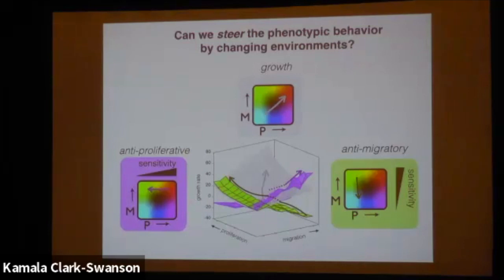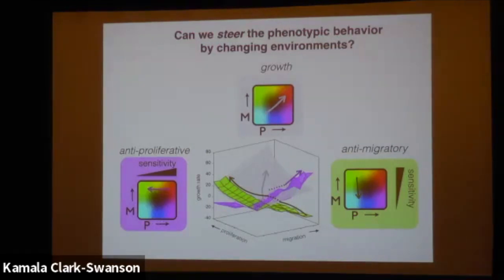But there's something wrong about this whole thing that I'm showing you, because these are all monoclonal populations. We know that tumors are not monoclonal. There's heterogeneity, phenotypic heterogeneity. We can't really capture that in a fitness landscape like this, but imagine that in what I've shown you, there's really no movement because they're only monoclonal populations.